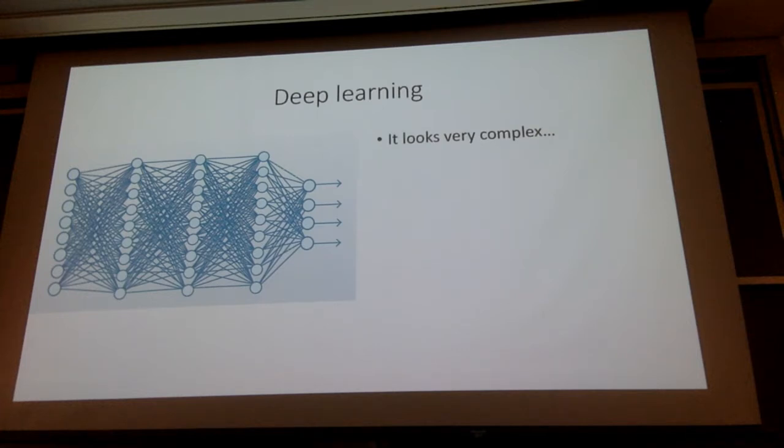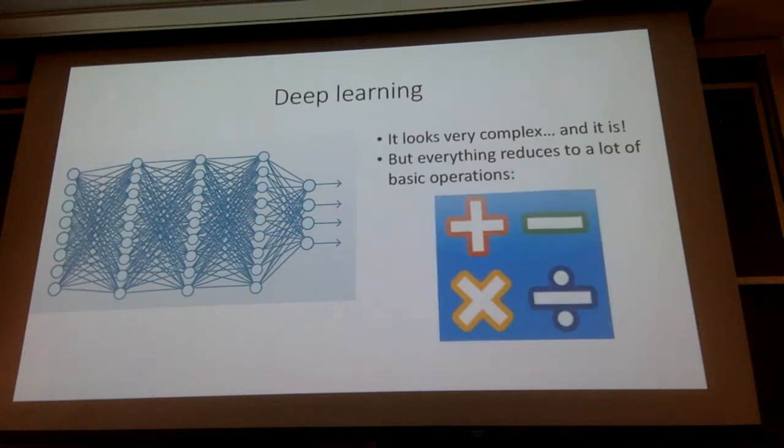So it looks very complex, and it is. So, as I was saying, it is hard to do certain things by hand. But even though it is very complex, everything can be reduced to just the 4 basic operations, right?